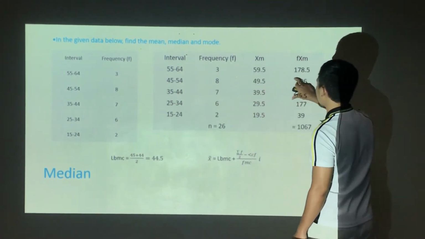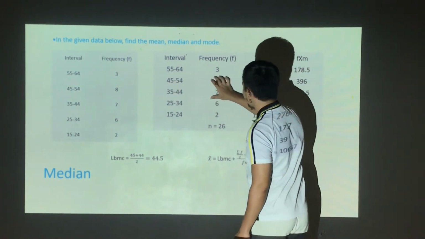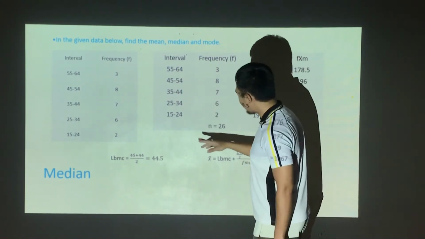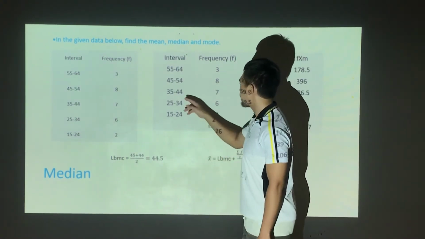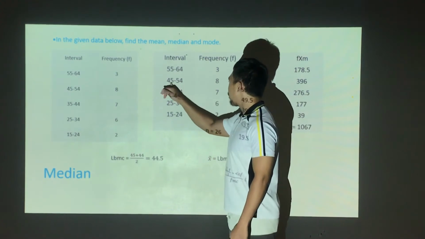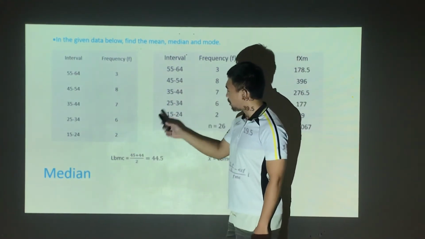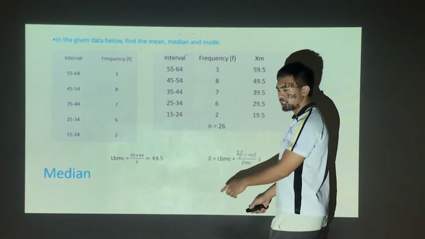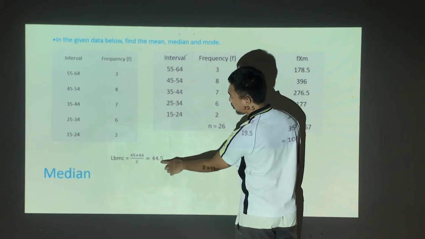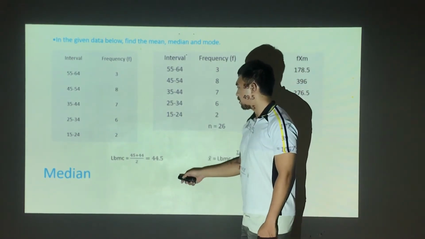In this given data, our median class should be right here, so we can say that our lower boundary is in between 45 and 44. We just add them up, 45 plus 44, divide by 2, and that gives us a result of 44.5. That is our lower boundary.